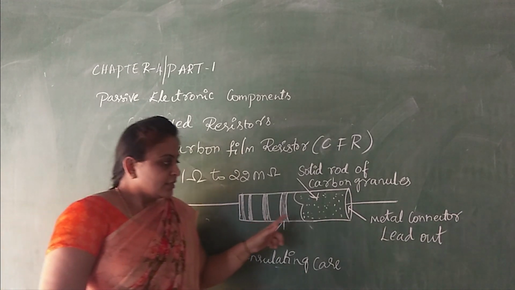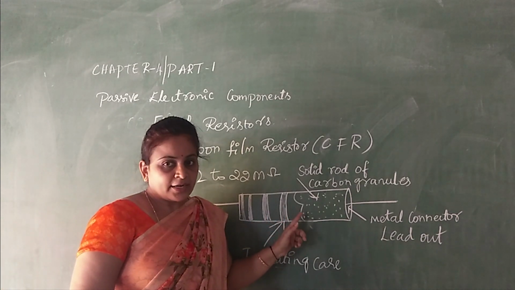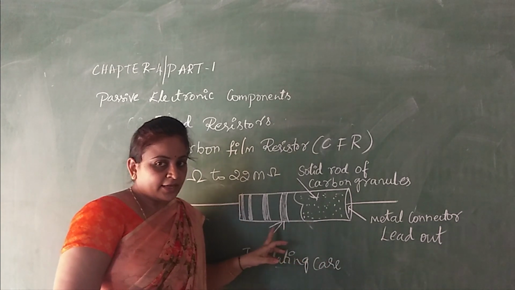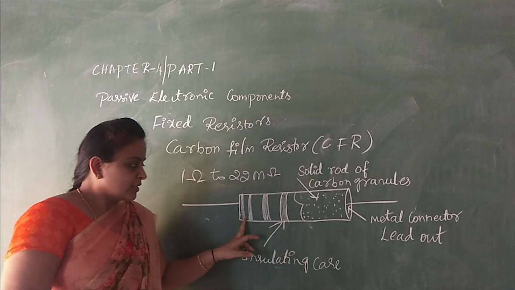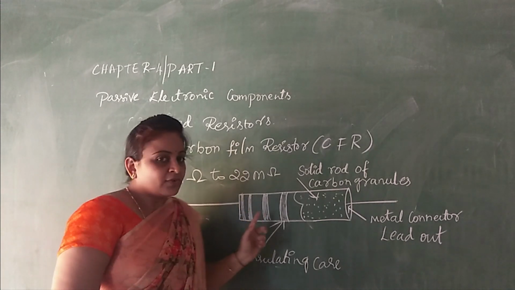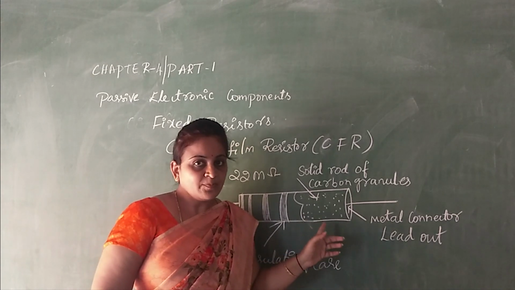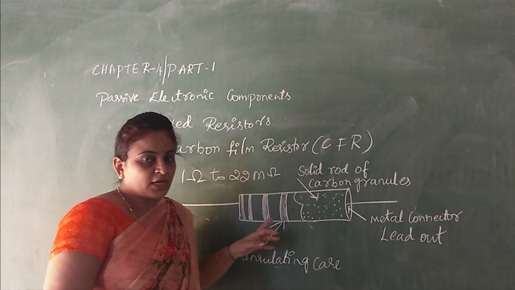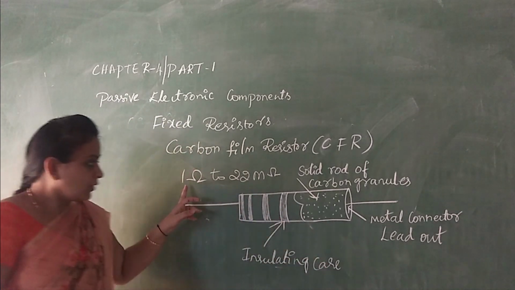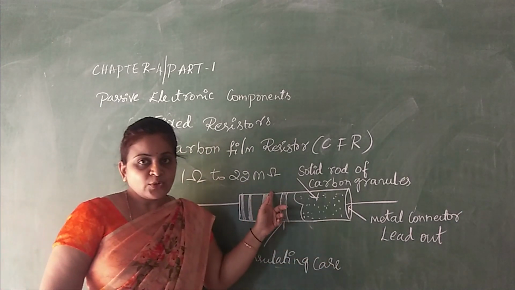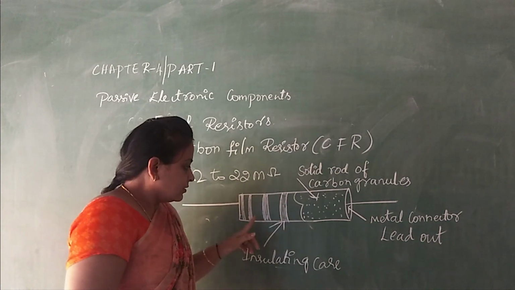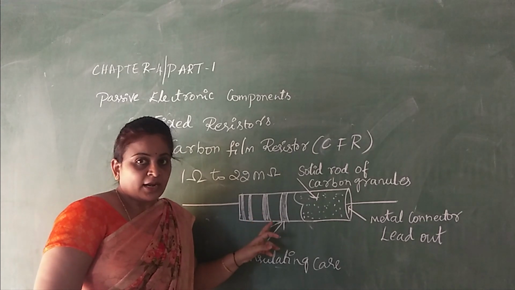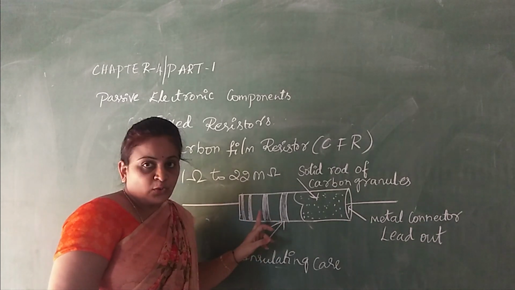Next, this is coated with non-conductive material for insulation as well as mechanical support. Next, bands of colors are marked on the body of the resistor to obtain the value of the resistance. These are all available in 1 ohm to 22 mega ohm, and this one will have high power rating and low tolerance and poor stability.